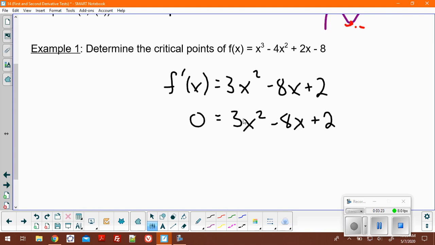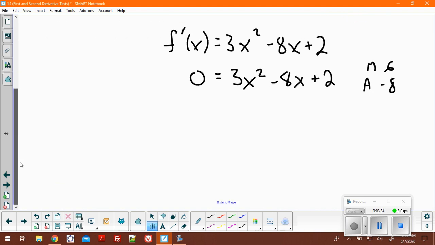This is a quadratic, so I can attempt to factor it. It multiplies to 6, adds to negative 8. I don't think that's going to work. So in this case, I would actually have to go to the quadratic formula to figure out what those points are.